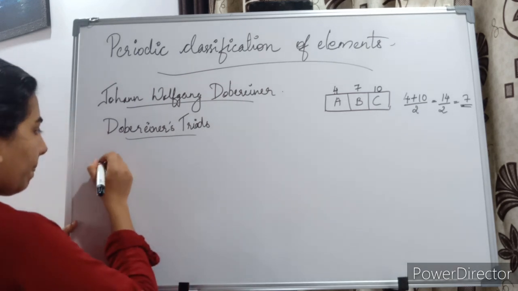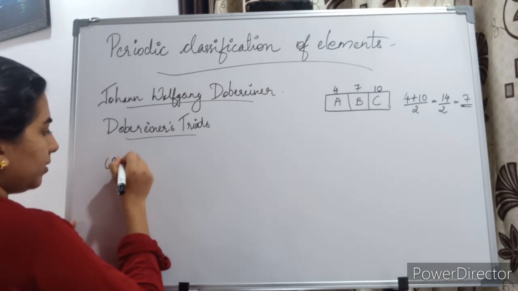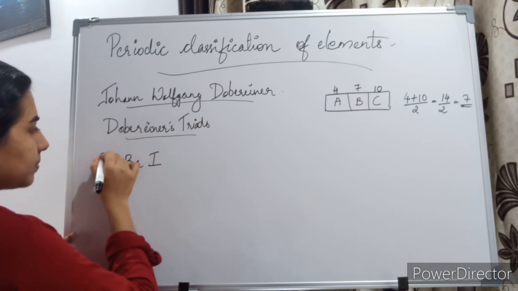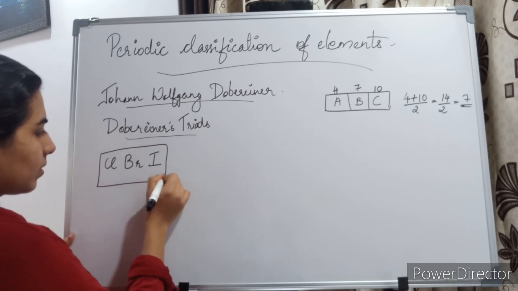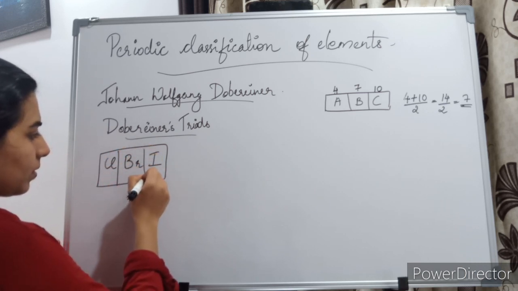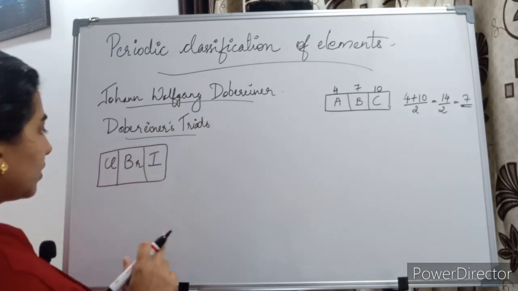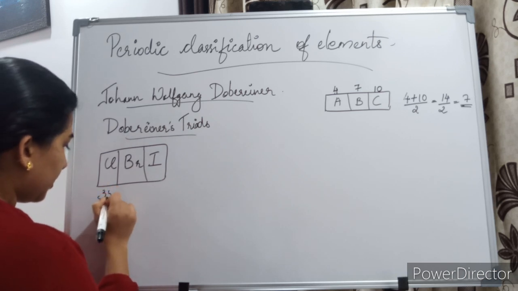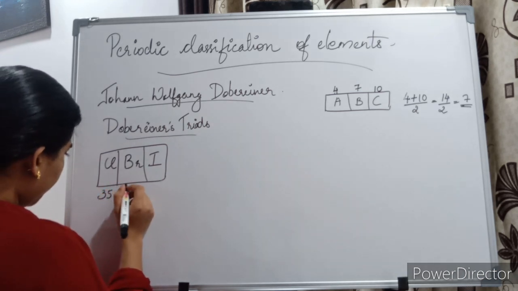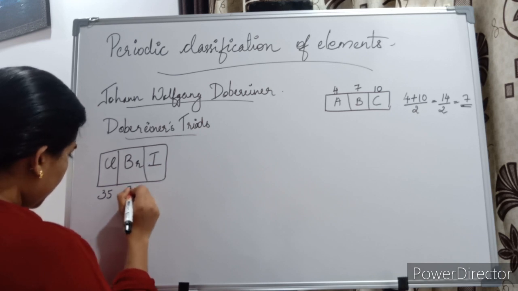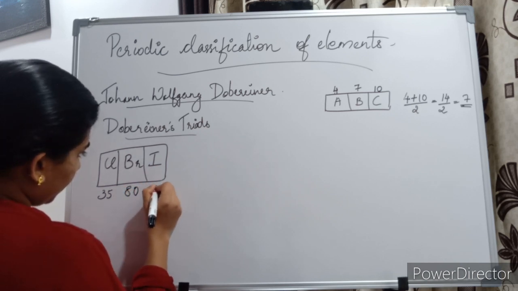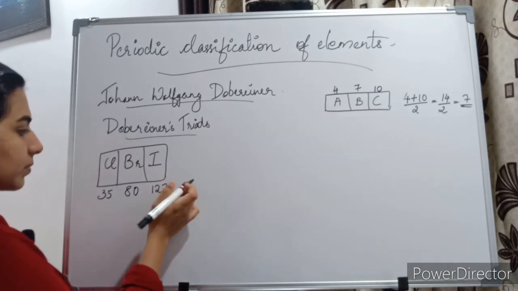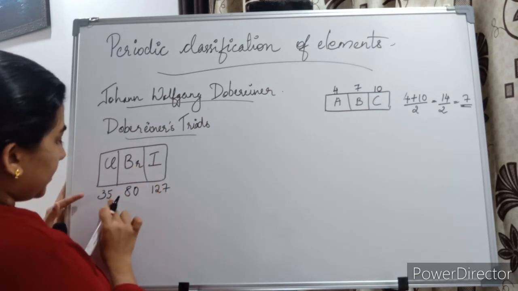Consider this triad: chlorine, bromine and iodine. For chlorine the mass number is 35, for bromine it is 80, and for iodine it is 127. Now, what did Dobereiner say?